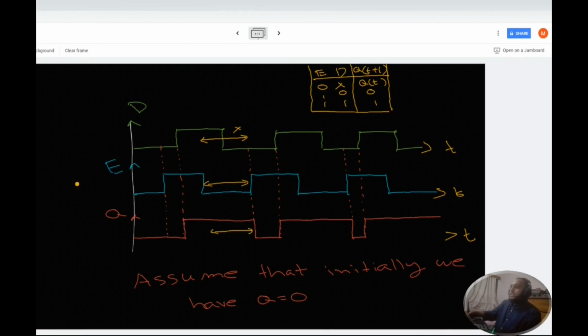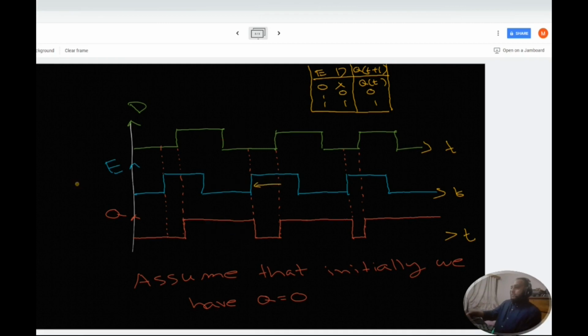and before this position our previous output was 1, so here 1 will continue because here clock signal is 0, and when clock signal is 0, in case of D latch, we will get the previous output as present output. So this was our last previous output, and from this position to this position we have no clock signal, so we will get the previous output, which was 1, as the present output.